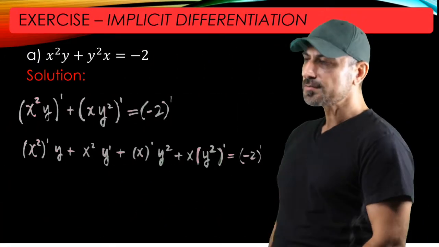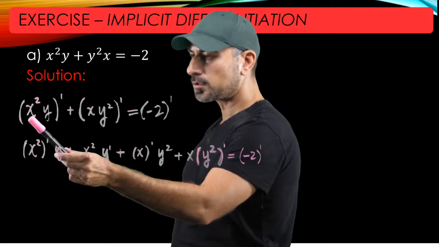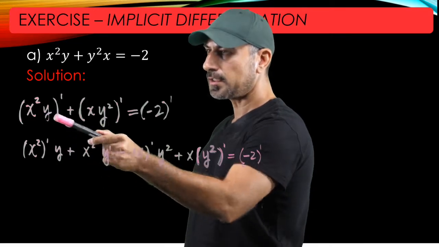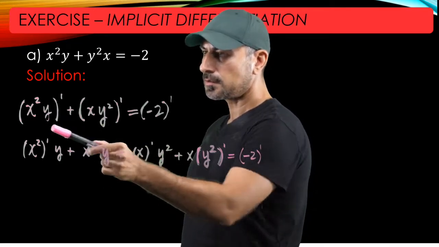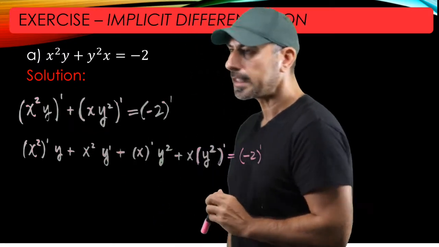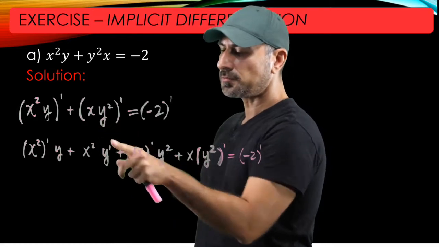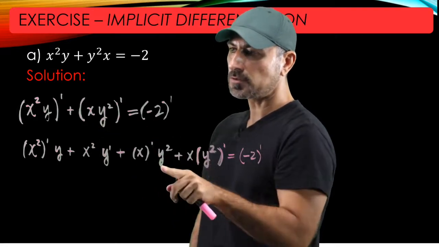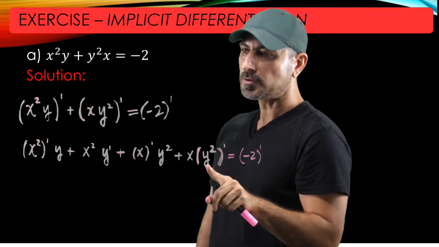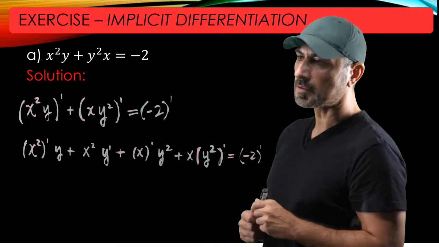The application of the product rule to the first term yields the derivative of the first function, which is x squared prime, times the second function y, plus the first function times the derivative of the second function. That takes care of the derivative of this term. For this one, we take the derivative of x multiplied by y squared, plus we keep the first and multiply it by the derivative of y squared, and then the right-hand side is the derivative of the constant -2.